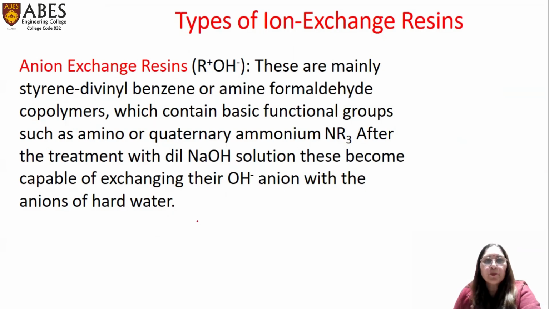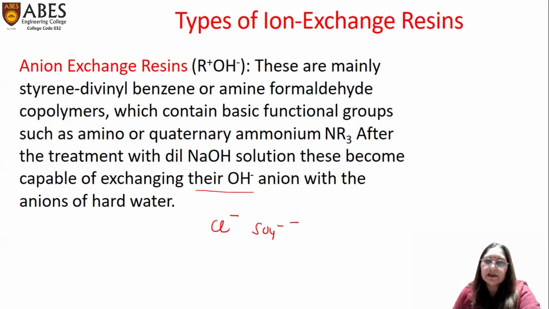Copolymer means more than one monomer is used. This monomer, after treatment with NaOH, becomes capable of exchanging its OH ion with the anions of hard water. The anions of hard water are chloride ion or sulfate ion.